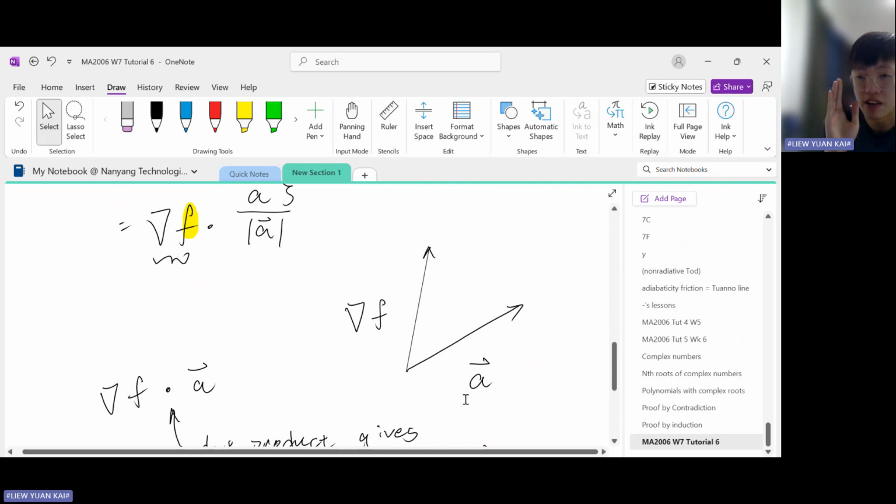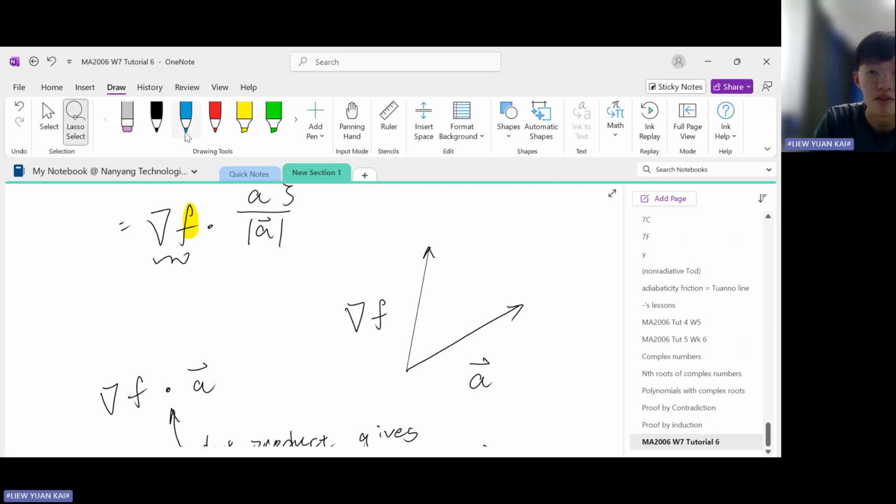But to specify the rate of change in a certain direction, we take the projection of nabla f on A. We only want the component of nabla f that is parallel to A, because what we want is the rate of change in this direction, parallel to A. So we project nabla f onto A, then we take this. This is the projection of nabla f on A. In other words, this is nabla f dot A. That is the reason why we take the dot product.